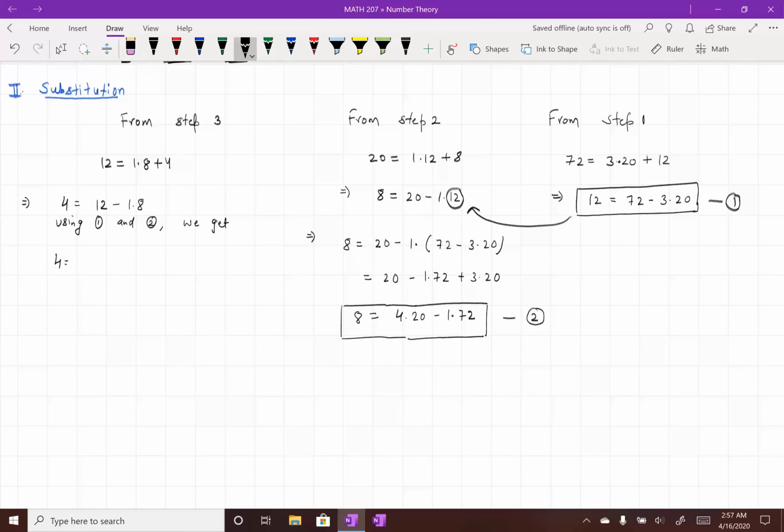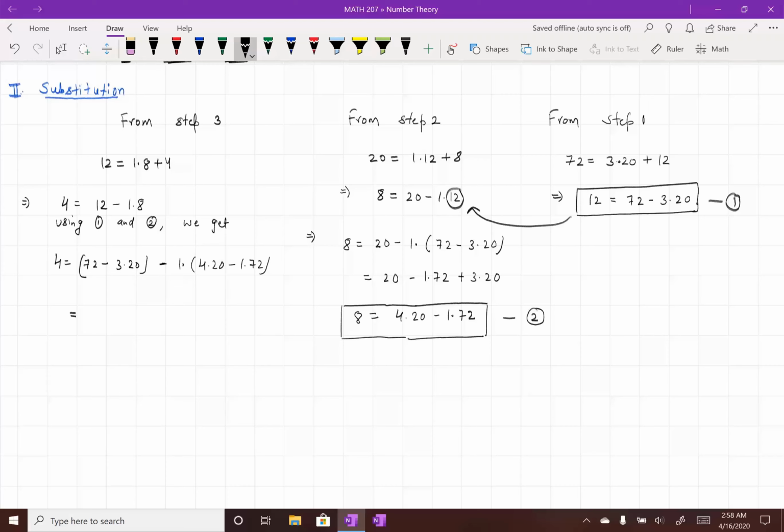that 4 can be written as 72 minus 3 times 20, which is the substitution for 12, minus 1 times 8, and the substitution for 8 is 4 times 20 minus 1 times 72.